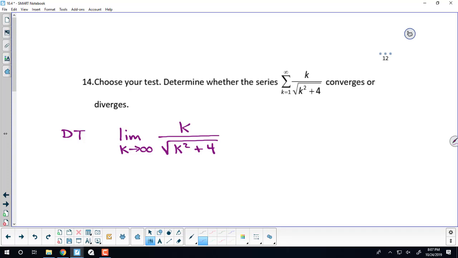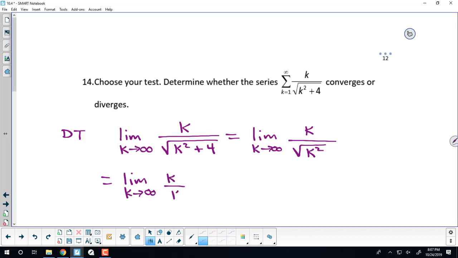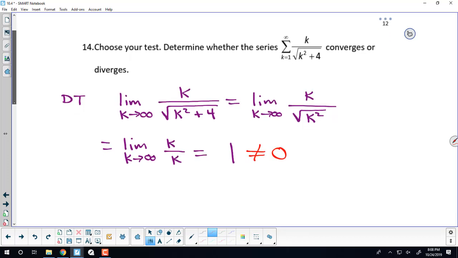So in the sense of a limit at infinity, this is equivalent to this, which is equivalent to k over k, which is 1. So by the divergence test, our limit is not 0. Therefore, the series does not converge.